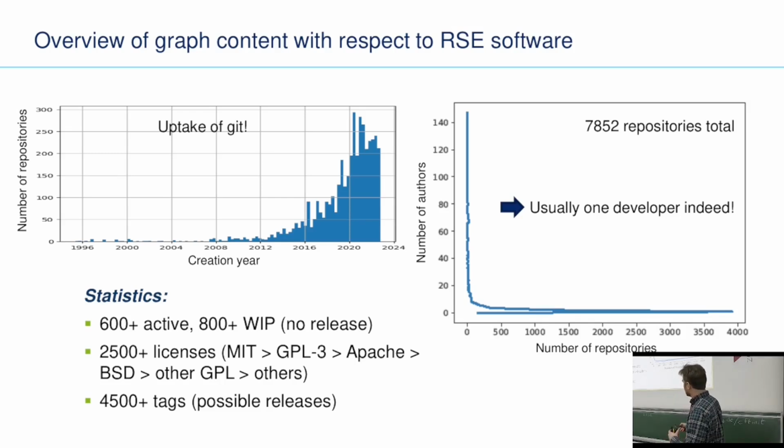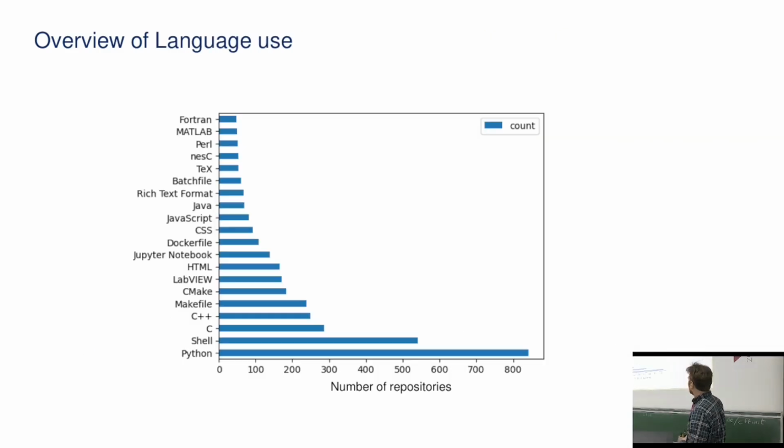Some use tags and so on, so we can look into these things. If you are concerned about languages, most of these repositories have some Python code in them, but of course in research you find a whole range, and this table goes on. Basically you find everything that's out there.